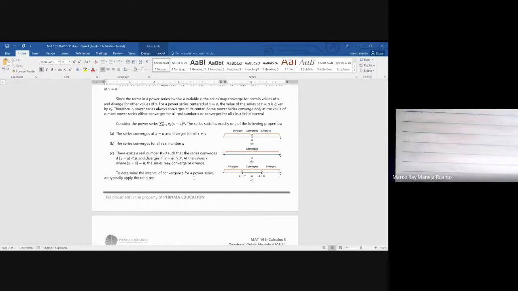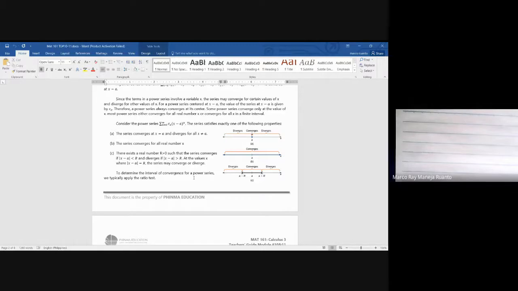So it is defined there as what we call the radius of convergence, that is the interval where the absolute value of x minus a is less than r, in which interval the series converges.